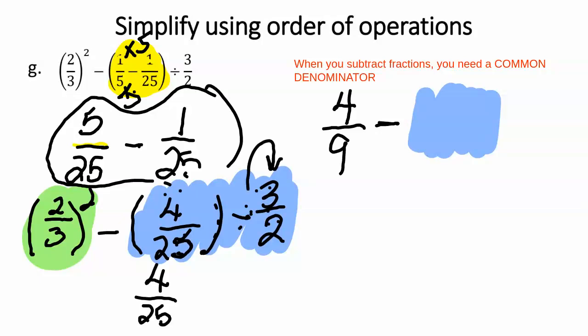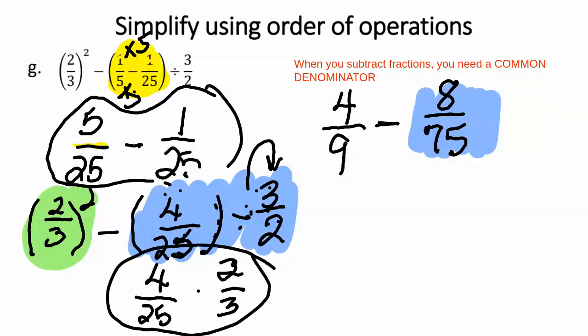Now remember, this fraction flips, which means that this behind the negative is 8/75. That's the blue. These two go next. I do exponents and then I do divide. But again, what happens? I am subtracting again, and I have two fractions.